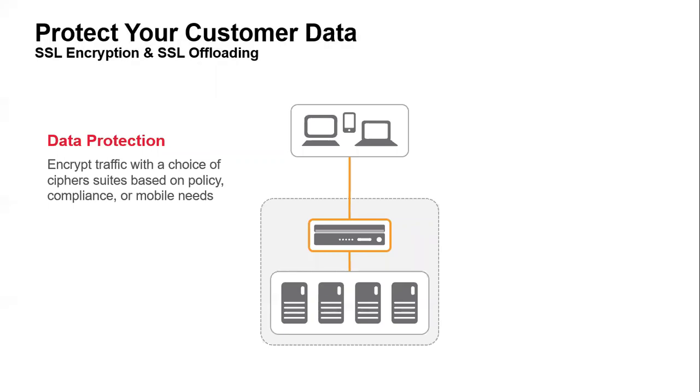So HTTPS is introduced in order to encrypt data for users, so that it's not open to everybody. F5 also makes use of this to encrypt traffic with a choice of cipher suite based on the policy, compliance, or mobile needs.